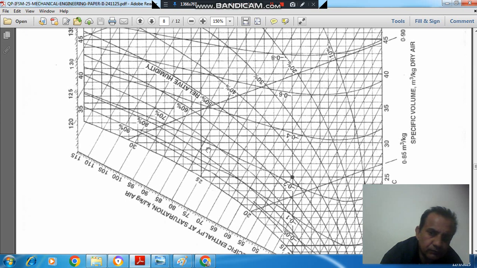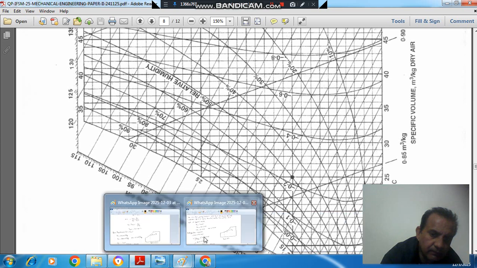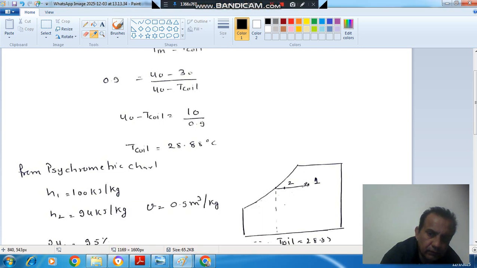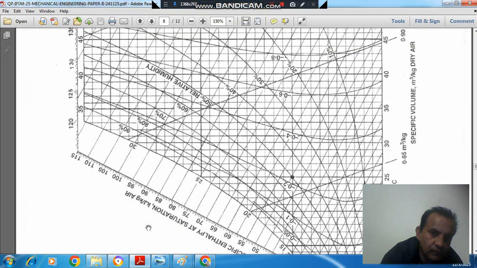And now air leaving temperature is 30. So now we have marked 2 points on the psychrometric chart, this point and this point. We can join these 2 points and locate temperature 30 degrees on this line. So the temperature 30 degrees is this line.